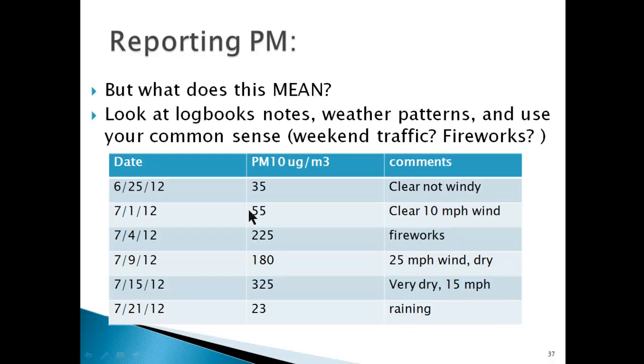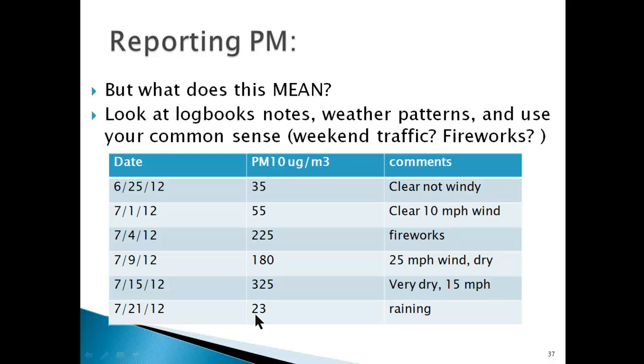On the 1st, we went up to 55, not too windy. On the 4th, wow, it jumped to 225 micrograms per cubic meter. Then it went down a bit on the 9th, and then on the 15th, 325 micrograms per cubic meter, more than twice the standard. And then it dropped back down again.